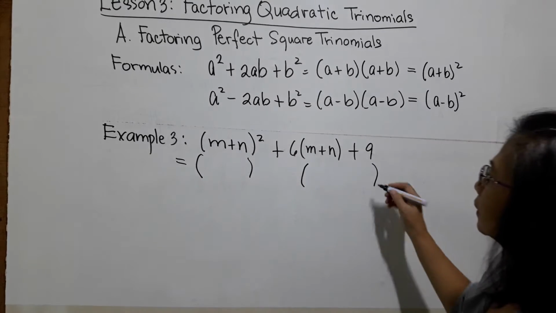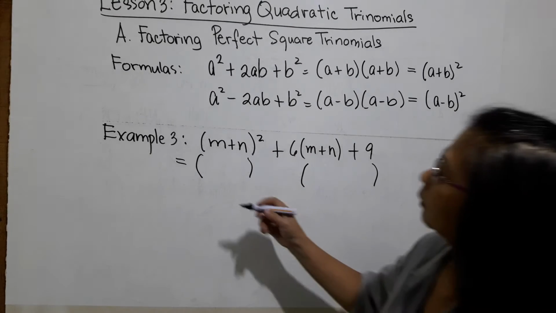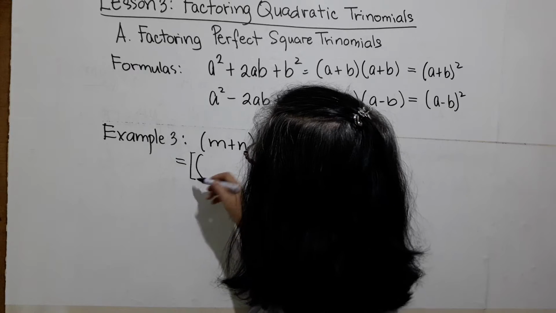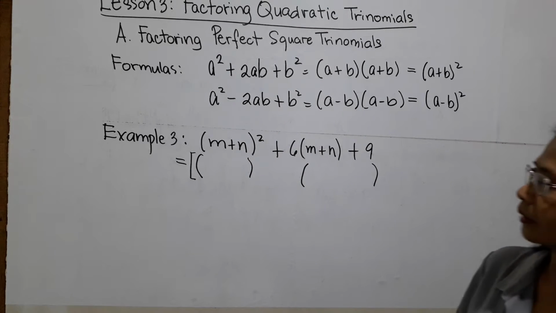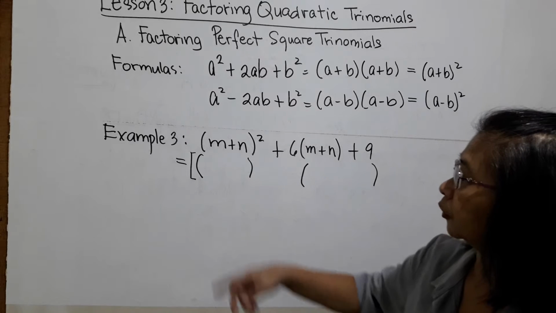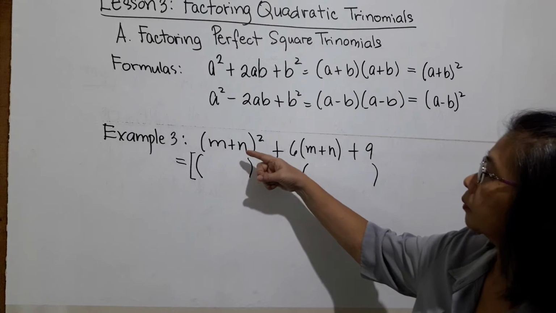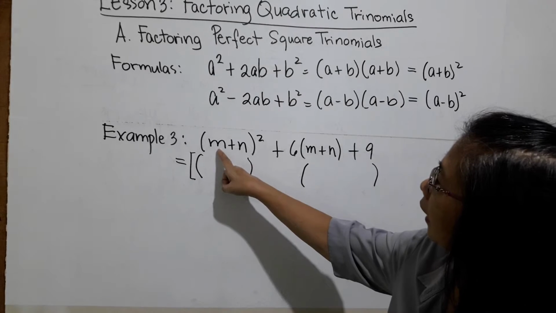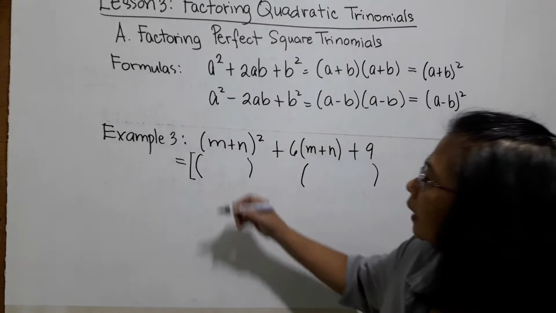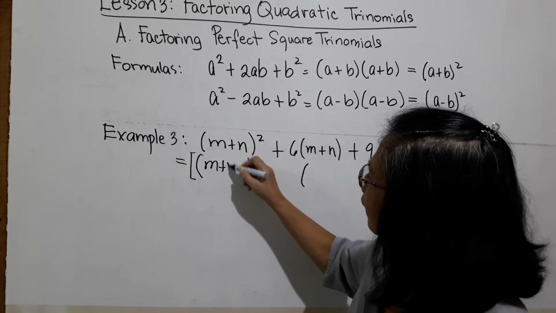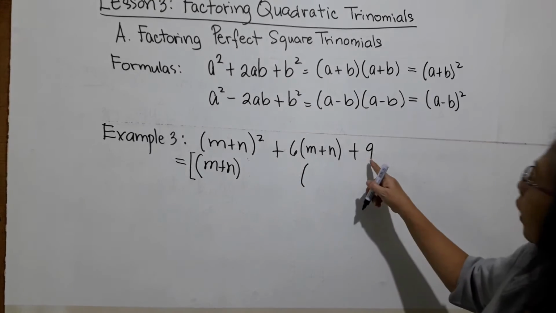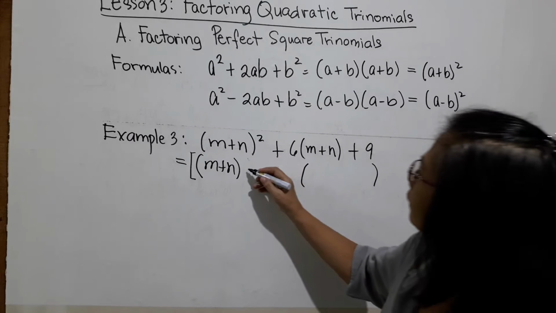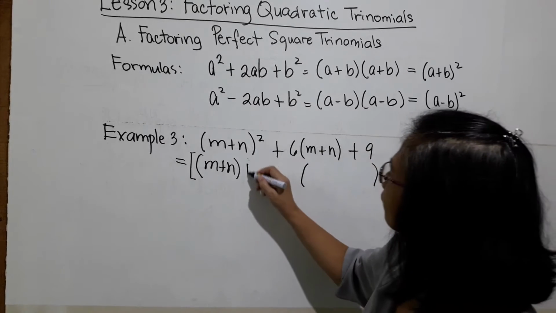the parentheses. We will be using a bracket here since the term to be written inside has already a parenthesis. For the first term, the square root of the binomial (m plus n) squared is m plus n. Then, the square root of 9 is 3.